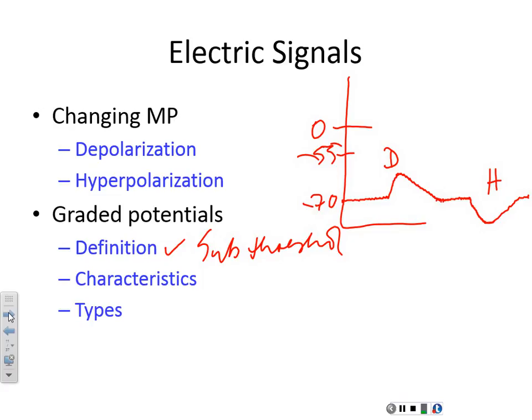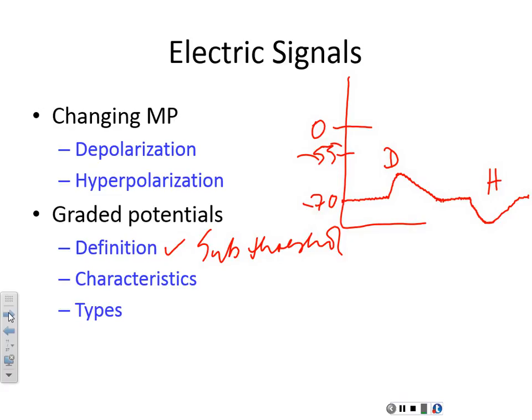It will just disappear. So a gradient potential is any membrane potential that is sub-threshold. The characteristics, of course, are that it is conducted in a decremental fashion and then disappears, and it could either depolarize or hyperpolarize the membrane.